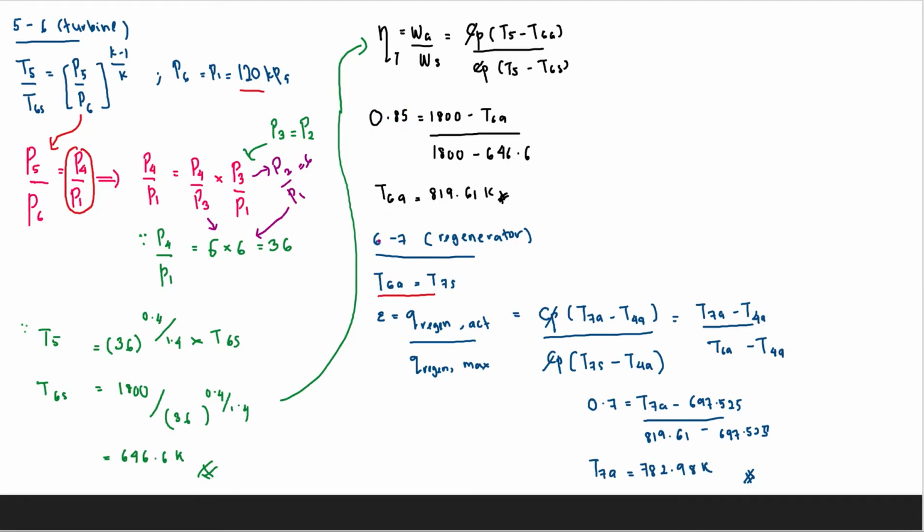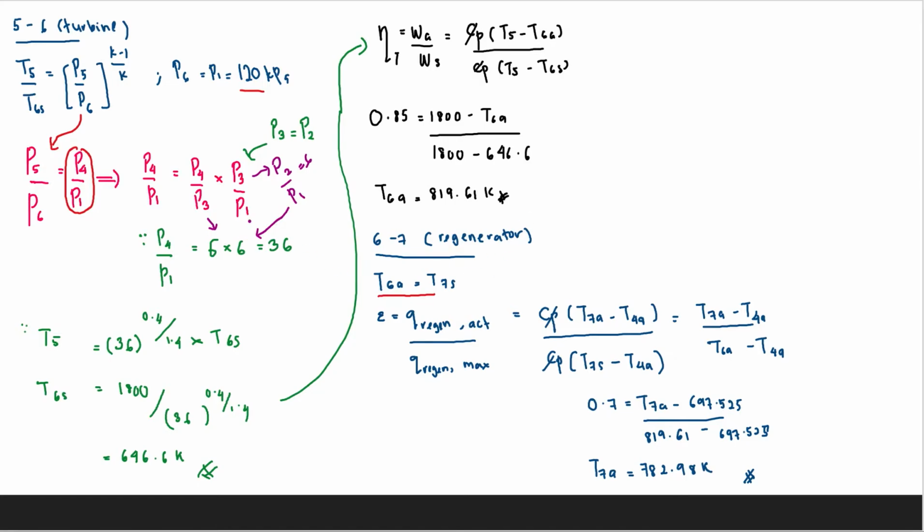Then I go to state 6 to 7, which is in the regenerator. T6A is equal to T7S, and I use the effectiveness equation to find T7A: Q regen for actual over Q regen for maximum.